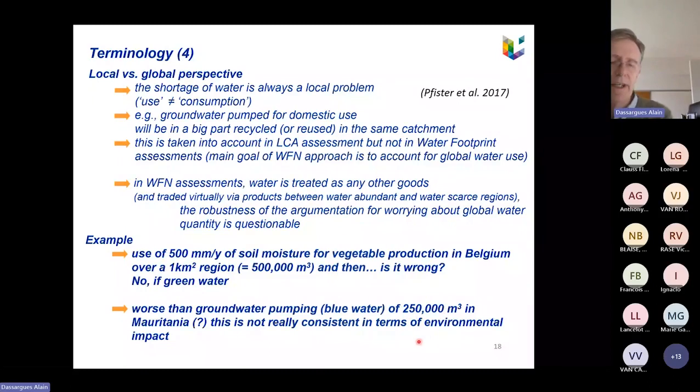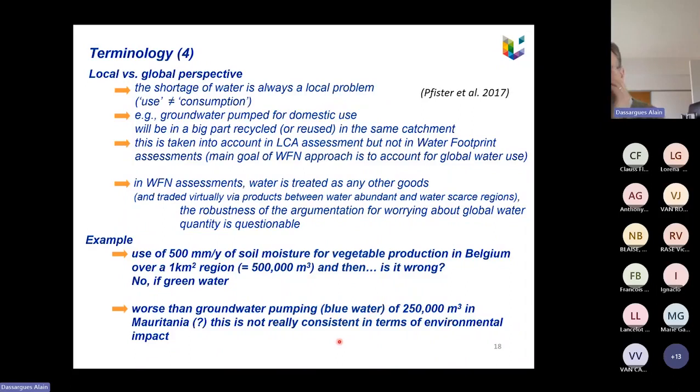And in fact, locally, it is indeed a completely other problem in Mauritania, as if you are using groundwater in Mauritania for irrigation, it is purely blue water that you are consuming, because all will be evapotranspirated afterwards.